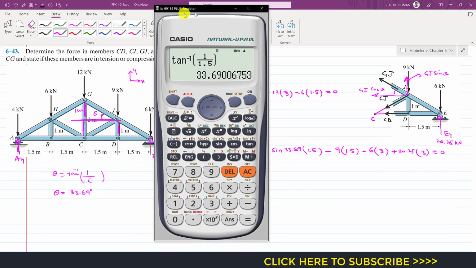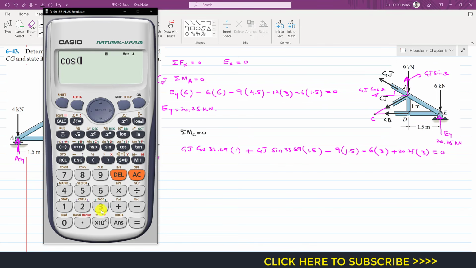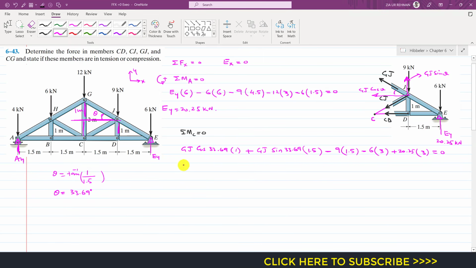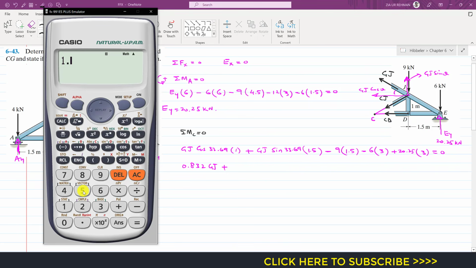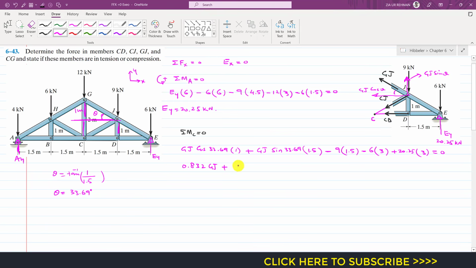So cos of 33.69 is 0.832. So I will write 0.832 GJ plus 1.5 into sine of that angle. So 1.5 multiplied by sine of 33.69. So this is 0.832 again. So 0.832 GJ.